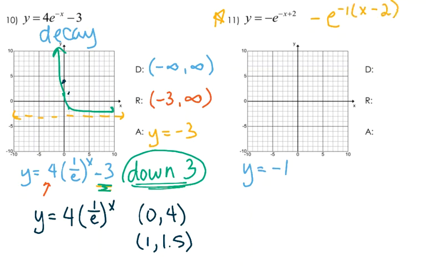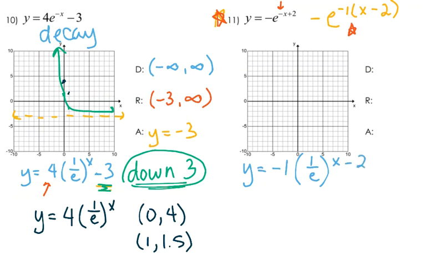So if you ever have a negative sign in front of more than one term, you need to factor it out. So that's a biggie there. So when I'm rewriting this down, I'm going to write -1, 1 over e to the, we don't need the -1 anymore, x minus 2.